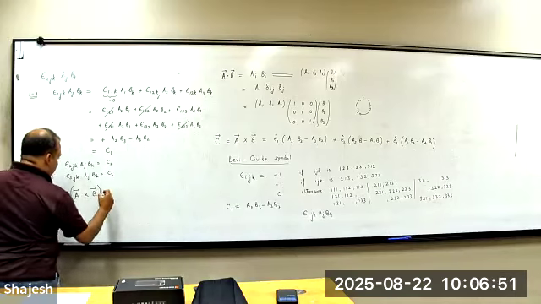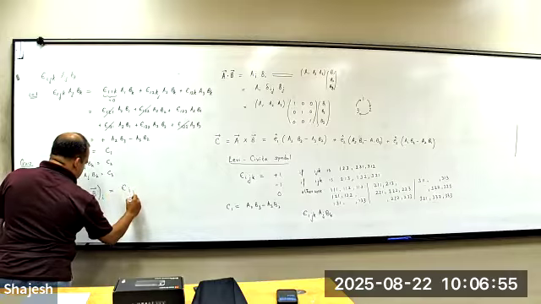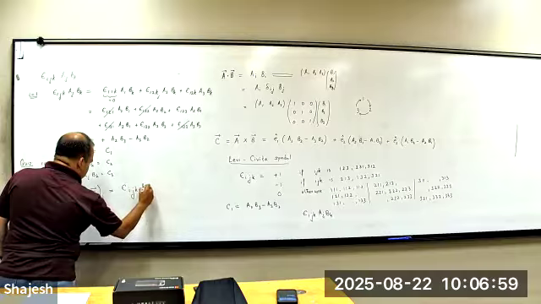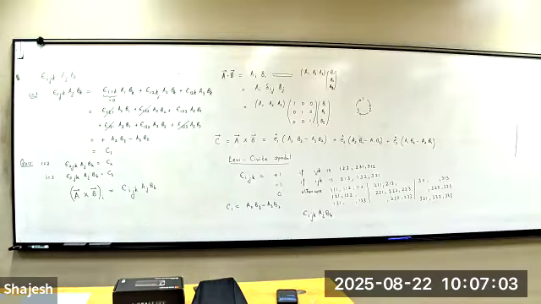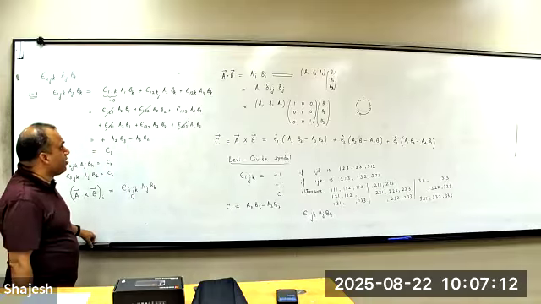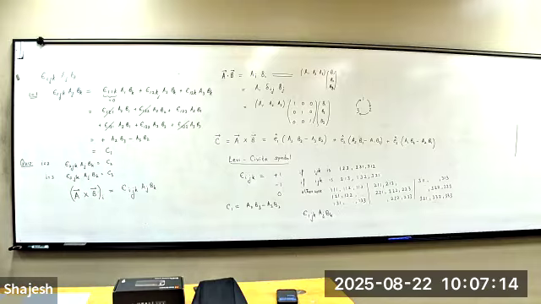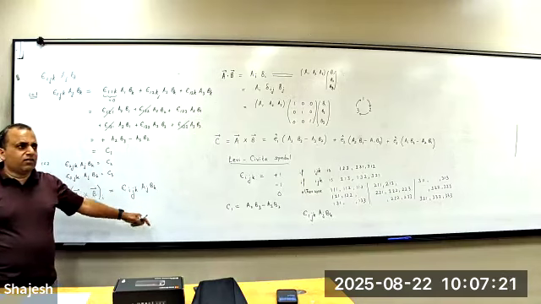In this case, I have written it as C. This is equal to epsilon i j k times aj times bk. So that's the pattern we have recognized. Now how do we use this in different problems? Is that clear?